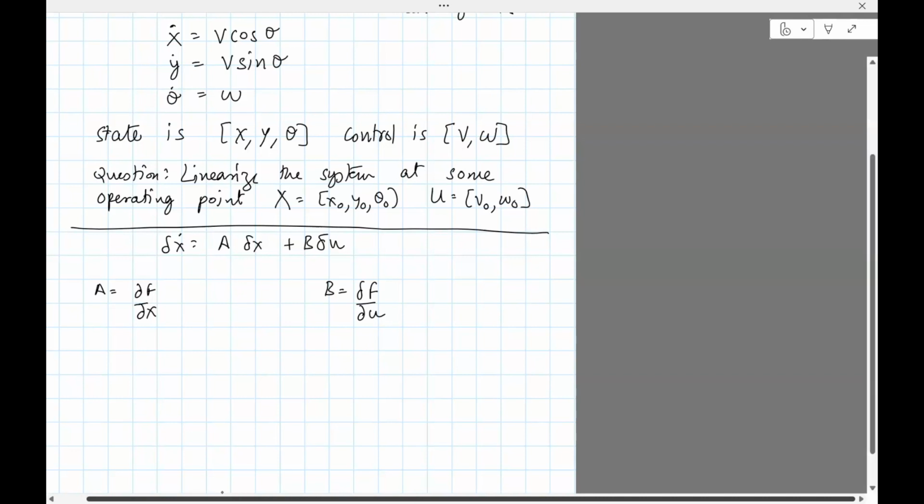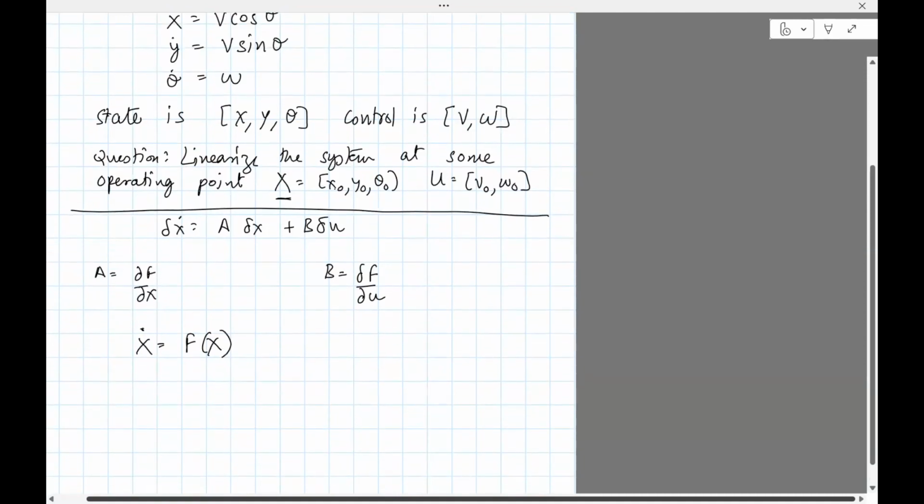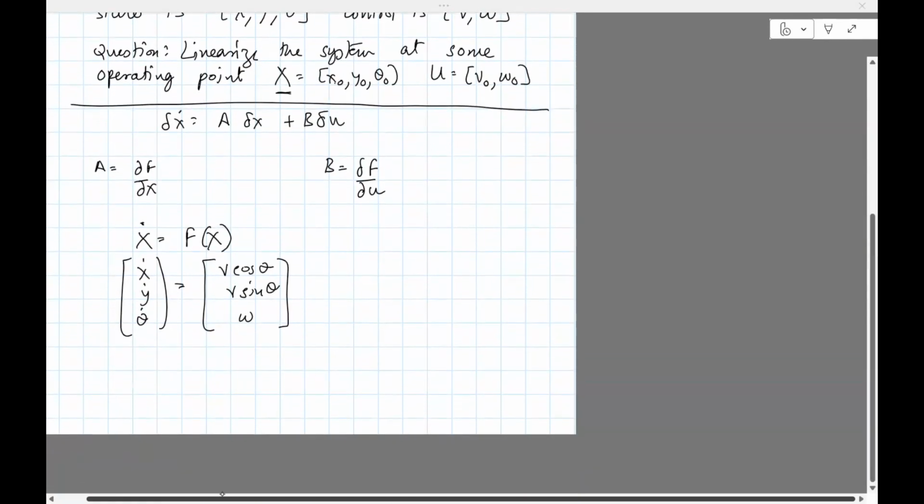We can write x dot equals f of x, where x is x dot, y dot, theta dot, equals v cosine theta, v sine theta, and omega. Okay, so this is f.